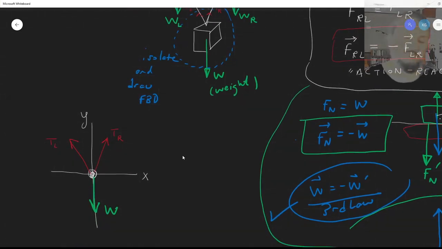Well, if the system is accelerating upward or downward, I have to also show that in the free body diagram. For now, let's not talk about that. Let's ignore that. Let's say it's not accelerating, no acceleration. It just stands, it's just suspended in air like this.